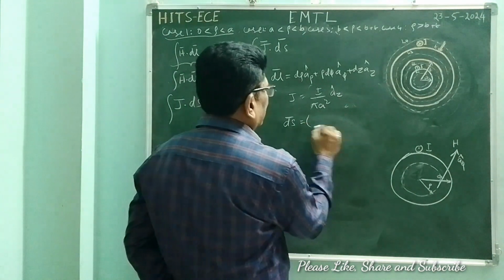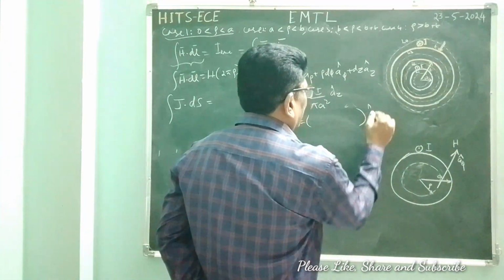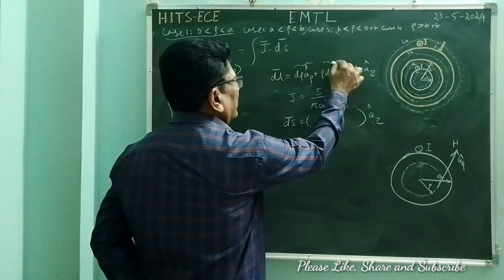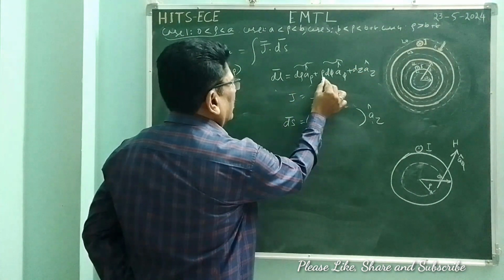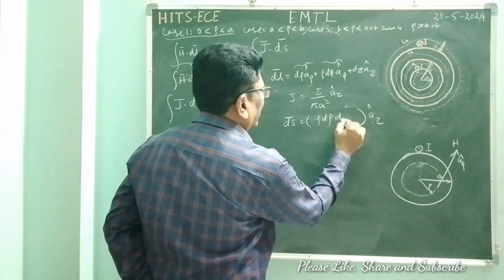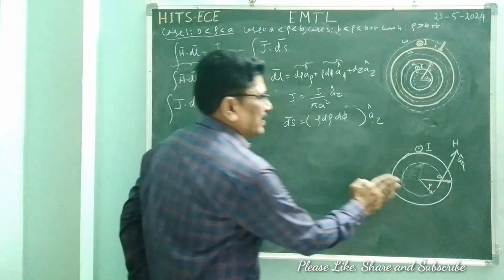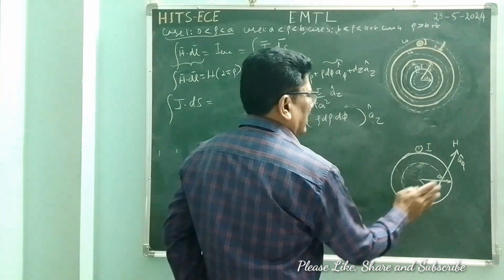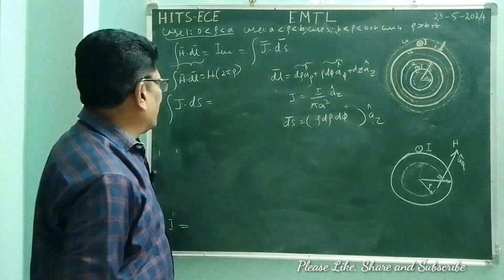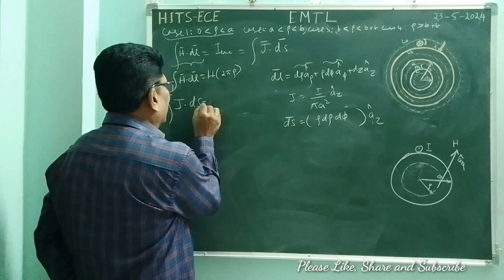We have to consider a small surface area: ds is equal to rho d rho d phi a z cap. So you substitute here, then you find the expression.